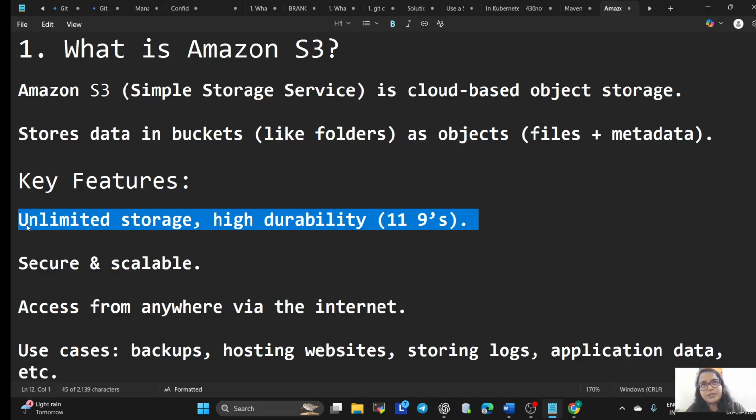If some person or some organization was using on-prem services, at that time they had a huge machine, and if the storage got over, they had to buy another machine, and that was a very hodgepodge concept.